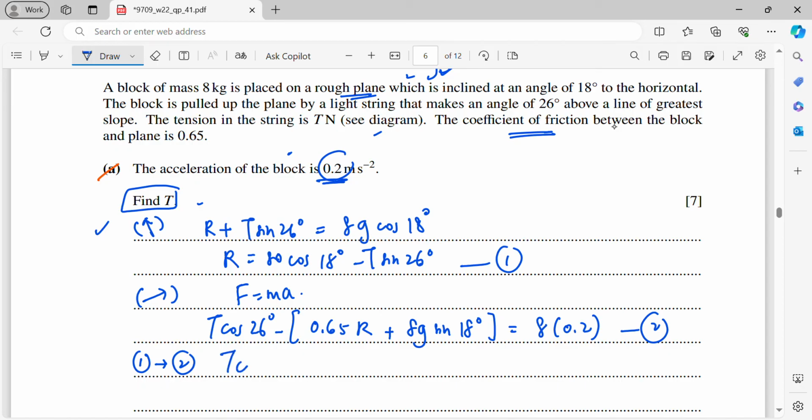That means now my T cos 26 degrees minus 0.65, my R is replaced by the first equation, which is 80 cos 18 degrees minus T sine 26 degrees. That's my R. Then plus this 8g is 80 sine 18 degrees. The g is 10. That equals to 1.6.